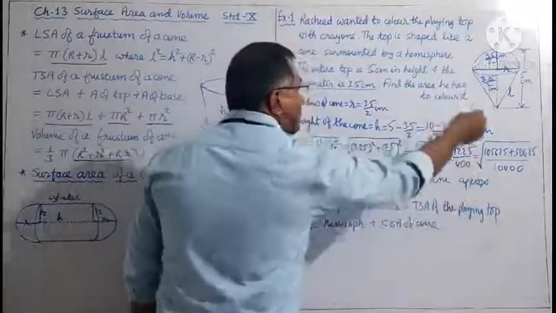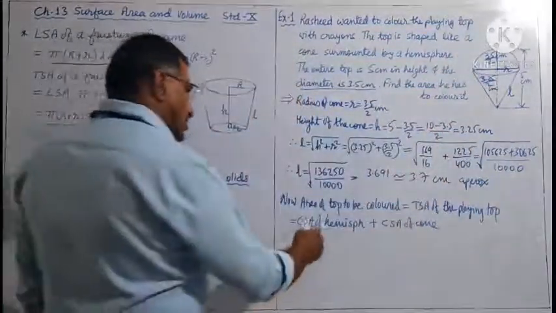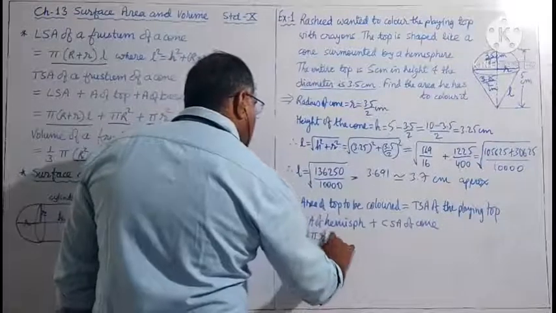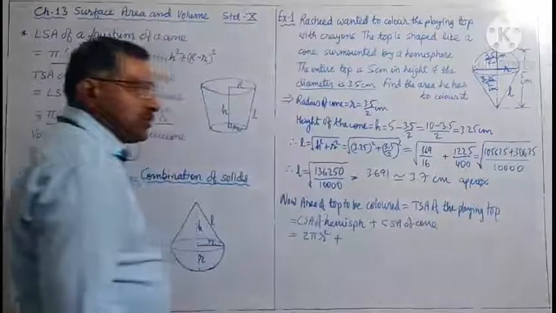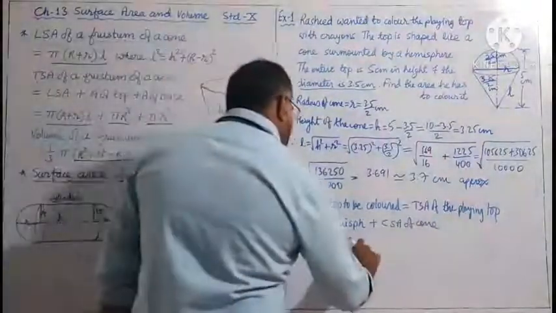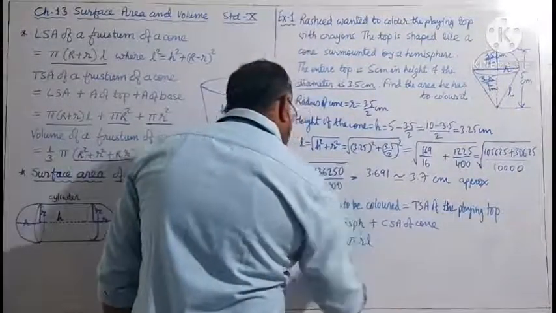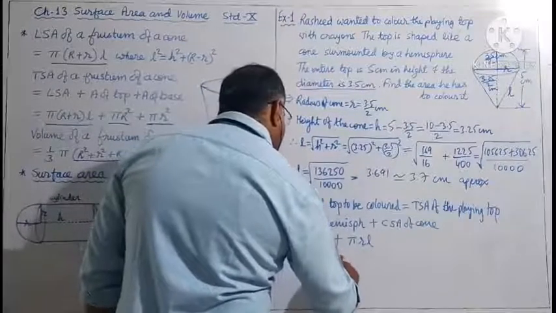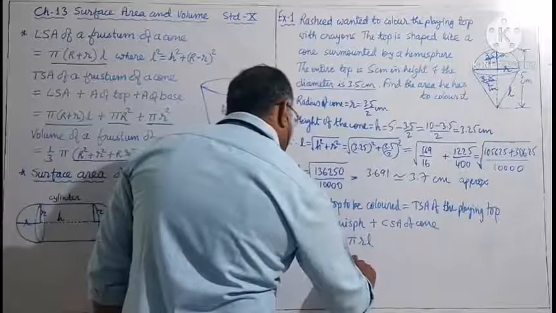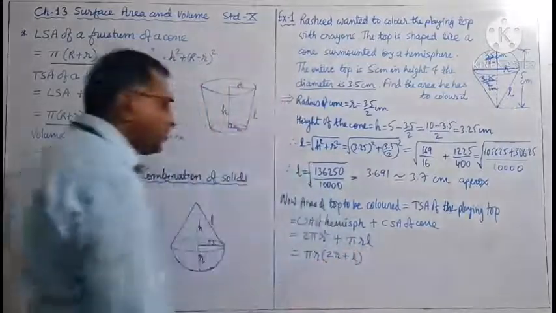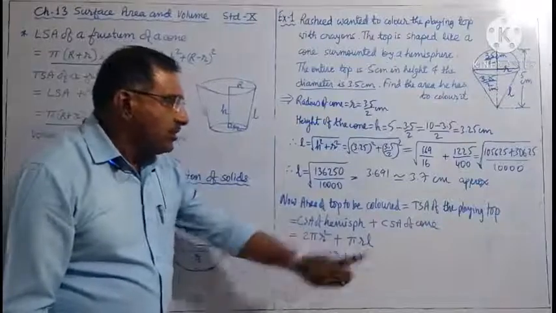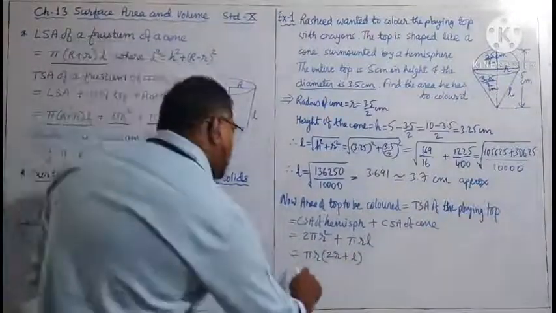The curved surface area of hemisphere formula is 2 pi r square, and curved surface area of the cone is pi r L. So here what is common? Pi common, r common. So in bracket 2 r plus slant height.